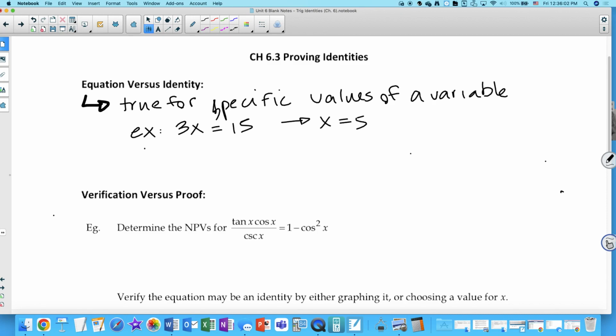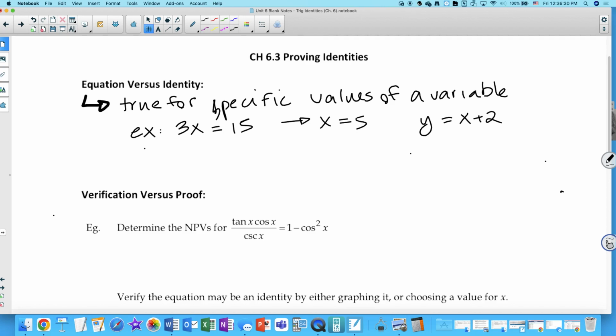And even if we have more than one variable, let's say we had y equals x plus 2. This is only true for specific ordered pairs, right? So yes, there are lots of solutions, but it's not true all of the time. It's only true, for example, let's say x is 1, y has to be 3.